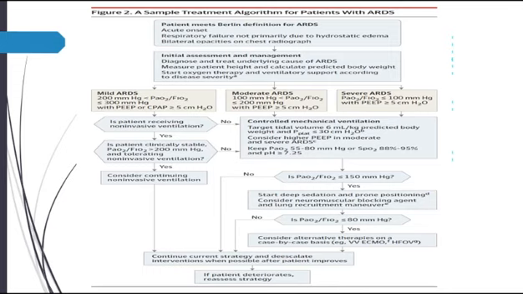One of the points this algorithm proposes is the identification of ARDS conditions, and one of the exclusion criteria is the need to exclude any hydrostatic pulmonary edema correlated with the presence of heart failure.